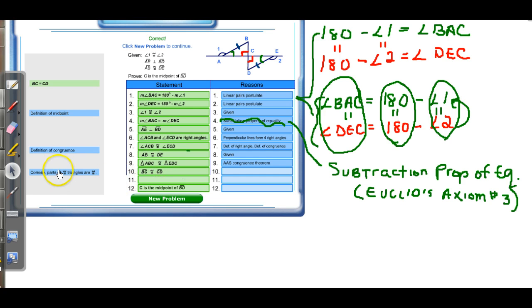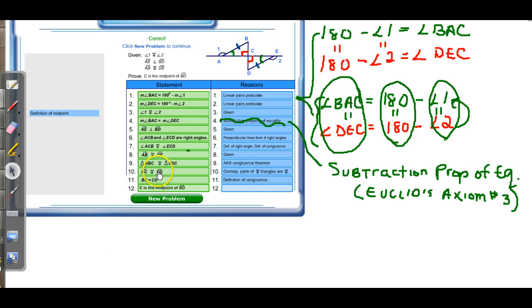And corresponding parts of congruent triangles are congruent. That's how I was able to state that. And then I could say that those two sides are equal, because that's the definition of congruence. If you say two sides are congruent, you're basically saying they're equal.